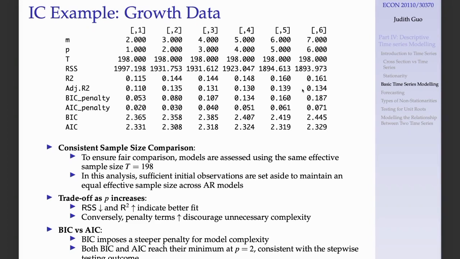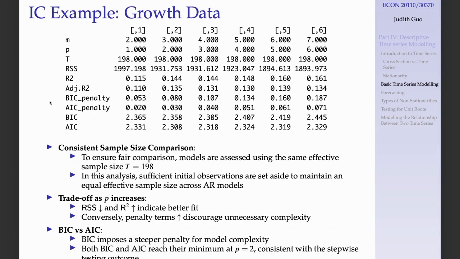But it has the tendency to choose a larger model because its penalty is the lightest among AIC, BIC, and itself. If we use adjusted R square as the criterion to choose the optimal order, it will go for an AR5 because the adjusted R square is the largest, which is 0.139, among all 6 models that we are comparing. So these are the 3 metrics that we've already seen in topic 2.